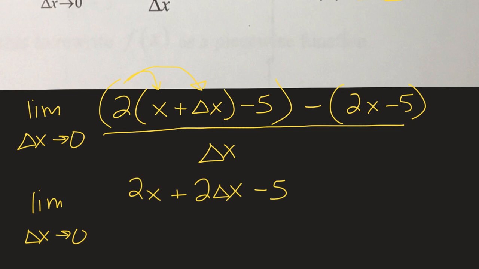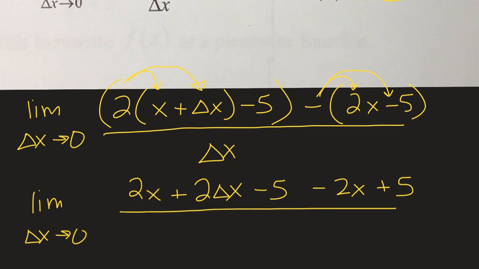Okay, that's that first part of our equation. 2x plus 2 delta x minus 5. And then minus 2x, and then minus a minus is a plus 5. So we minus the 2x, and then we minus the minus 5. And we're dividing that all by delta x. Okay, so let's simplify some more.